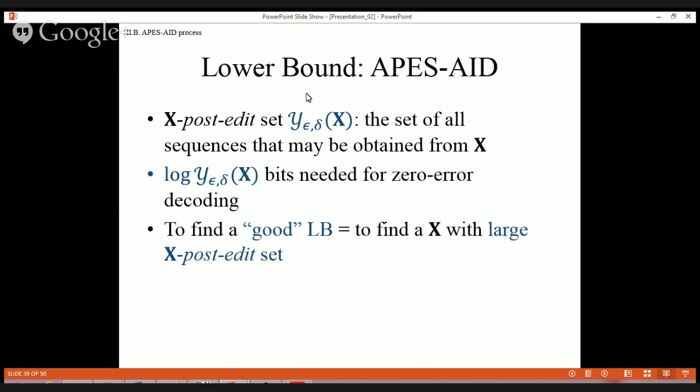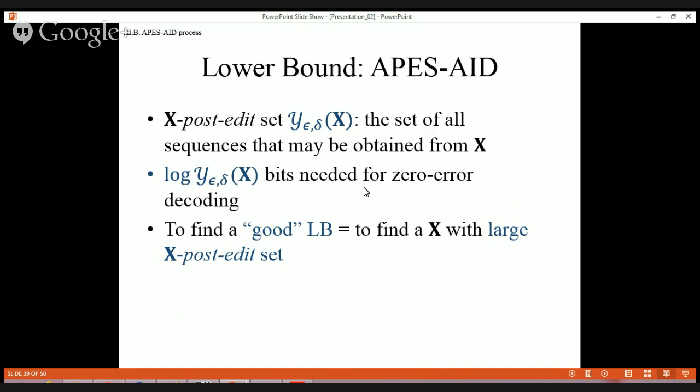Next, I'm going to talk about the lower bound for the arbitrary model. In the arbitrary model, because we care about the worst case communication complexity, we define the X post-added set as the set of all sequences that may be obtained from X. The log should be of the size of the X post-added set.